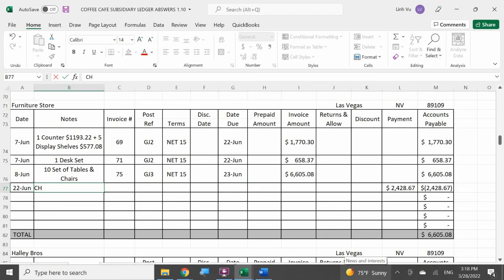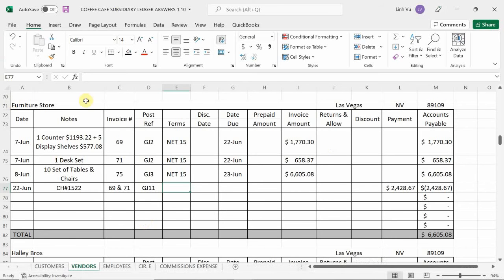Yeah, that'd be good. Check number 1522. This is for both invoice number 69 and 71. And we made the payment of $2,428.67. So now you only have the tables and chairs owing at $6,605.08 left to pay. And guess what? It's right around the corner. It's due on June 23rd.